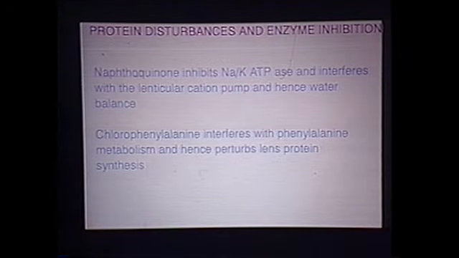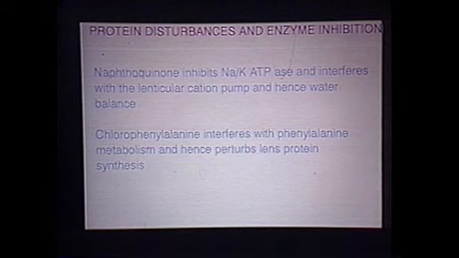Compounds which interfere with protein metabolism and inhibit enzymes, because the lens is a very protein-rich organ, these substances have the potential for producing cataractous change. And this slide shows two examples of that.